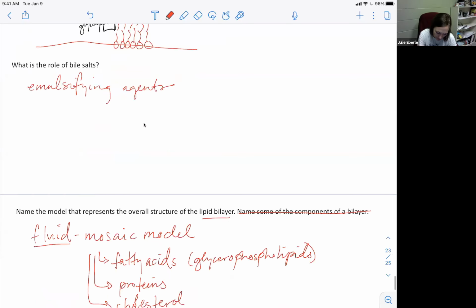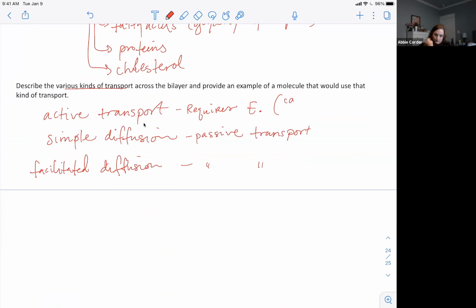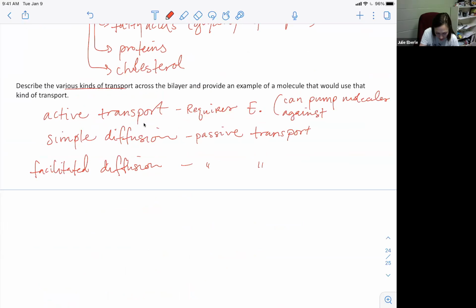Yes, okay. Remember a gradient is a concentration difference. Think of the proton gradient in oxidative phosphorylation. You've got a lot of hydrogen ions on one side of the membrane, very few on the other. Gradients are useful because they direct the flow of molecules. They tell molecules how to move across a membrane.